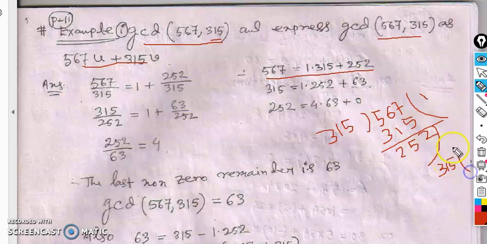In that case, the quotient becomes 1 and the remainder becomes 63.